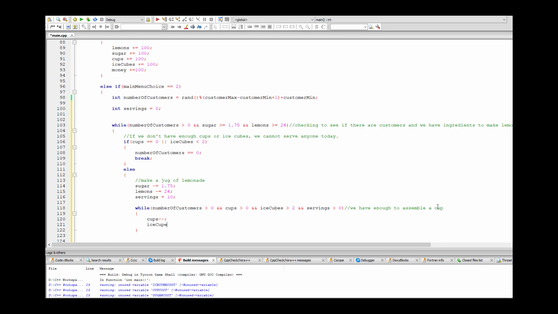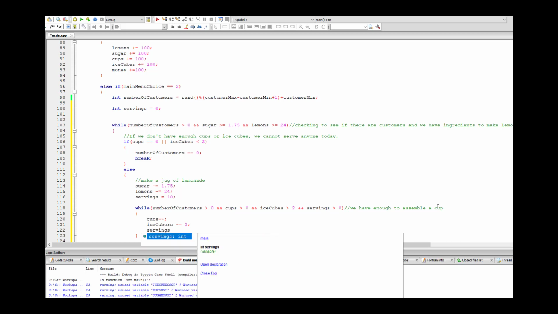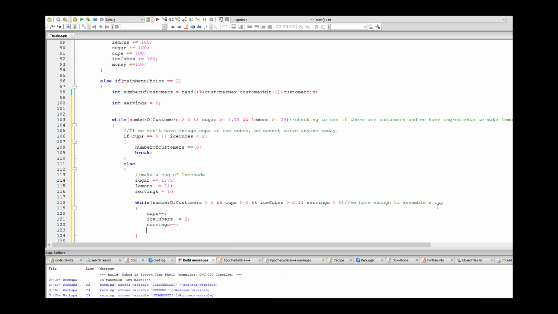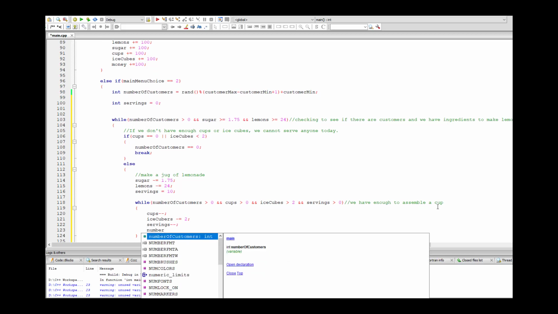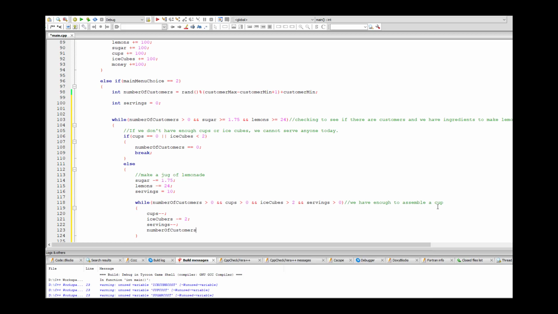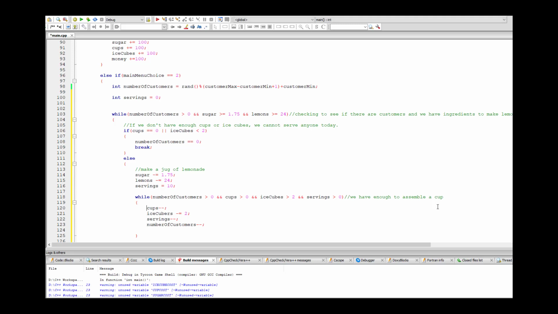Ice cubes minus equals 2, we take away 2 ice cubes. We take away a serving out of our jug. And then the number of customers will also go down. So what we do here is take away a cup, take away 2 ice cubes.